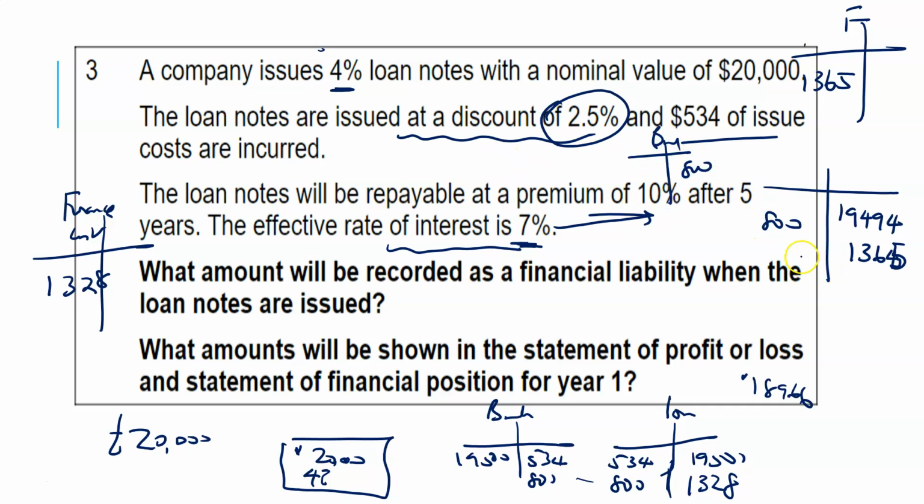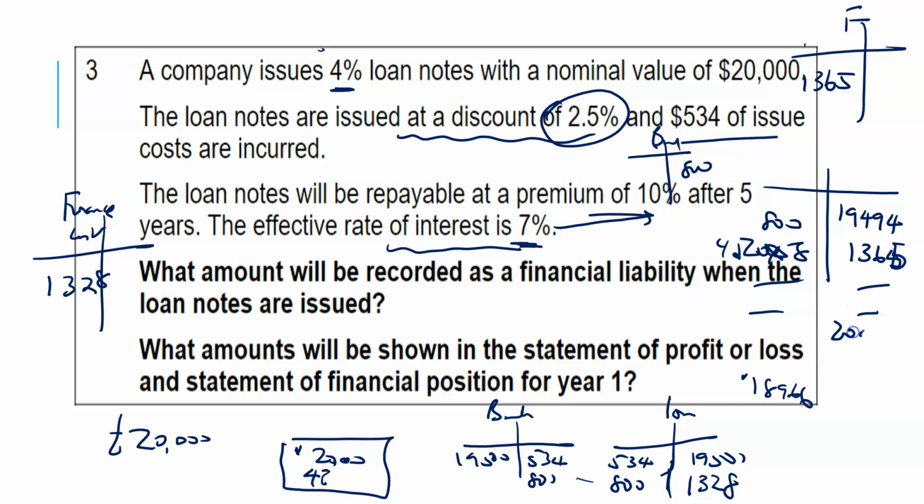Again, just do the same thing. How many years are we doing this one? This is for 5 years. I'm not going to do all 5 years, but the key point is, I'll do my carry down again. My carry down is 19,494 minus 800, and I have a carry down of 20,058.